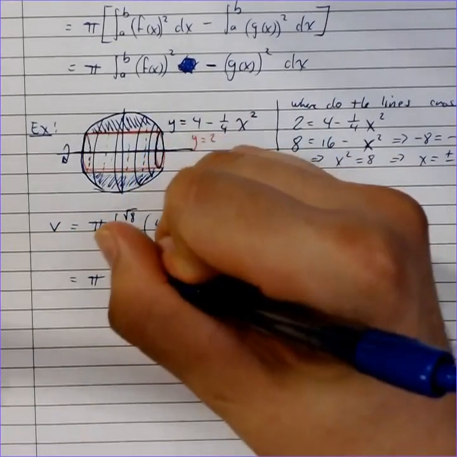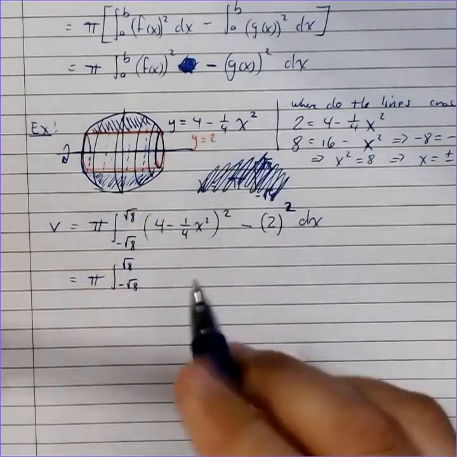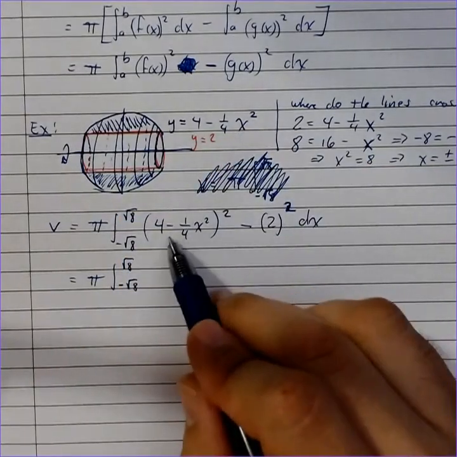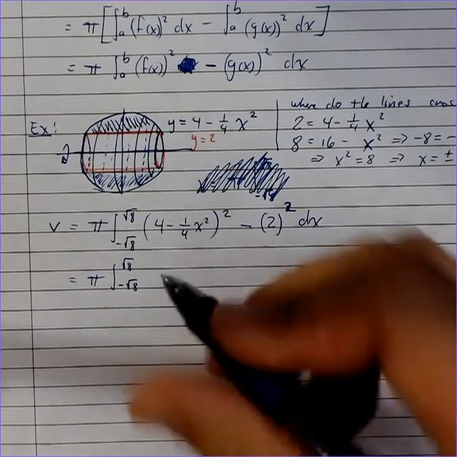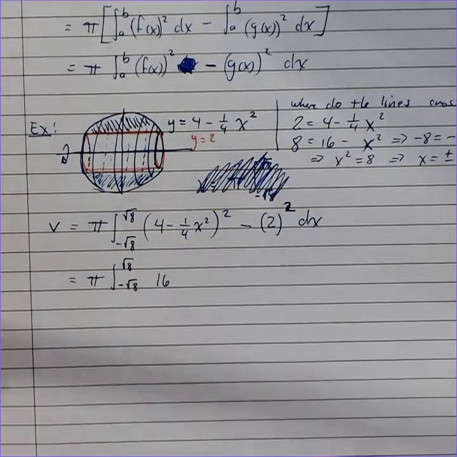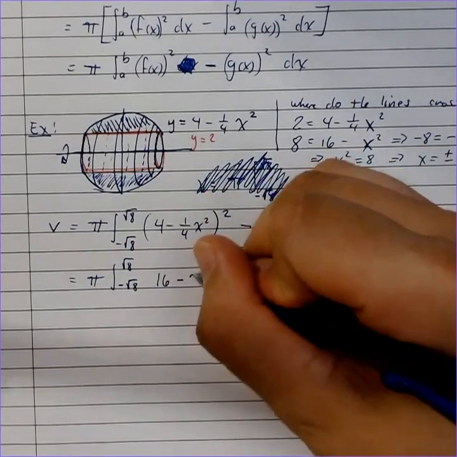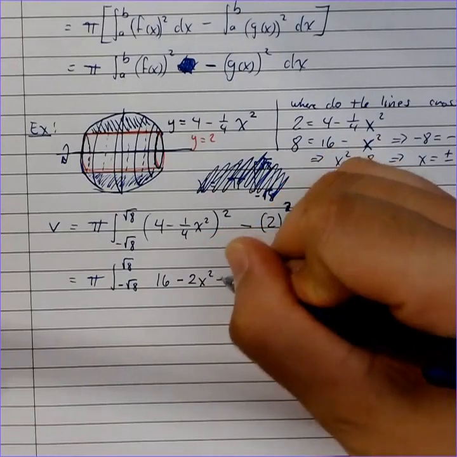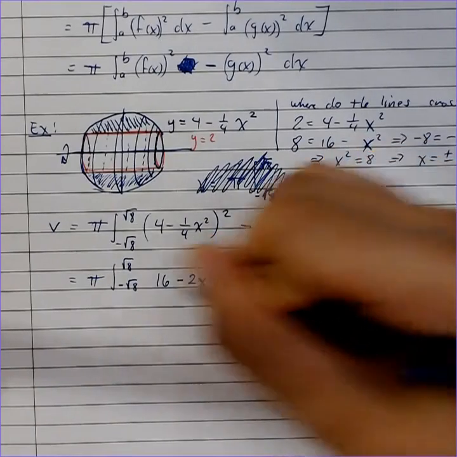So this is pi times the integral from negative root 8 up to root 8. Let's see, we square this out. 4 minus 1/4 x squared times 4 minus 1/4 x squared. That'll be 16. 4 times 4 is 16, right? Minus 2x squared plus 1/16 x to the 4th power.